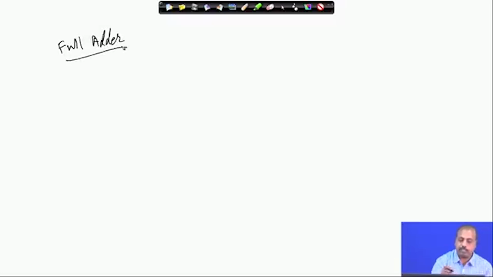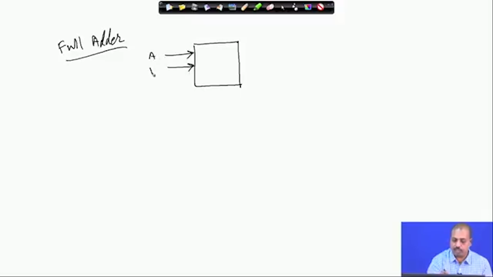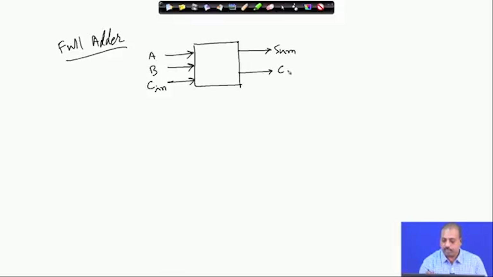As far as the block is concerned, it has the inputs A, B, and a third input which we conventionally call carry in, to indicate that this is the carry input from the previous stage of the adder. We have the sum output, and for this stage we have the carry, which we call carry out, that is the carry of the current stage. So, this is the full adder.